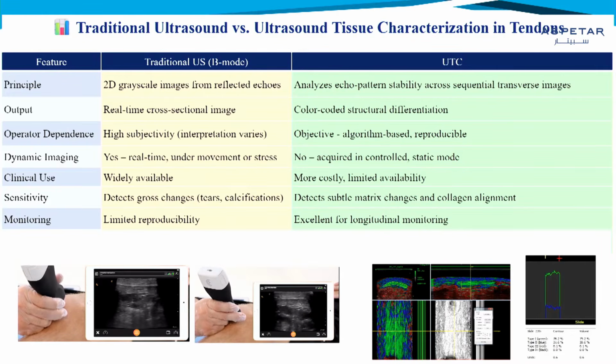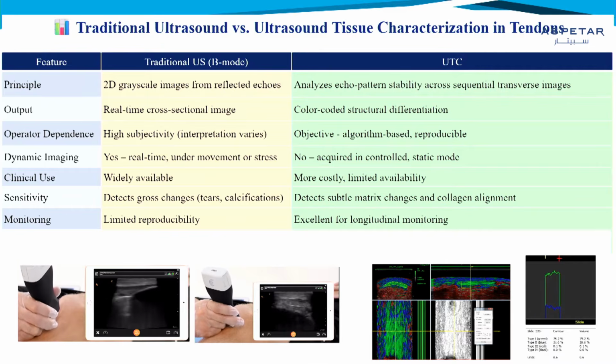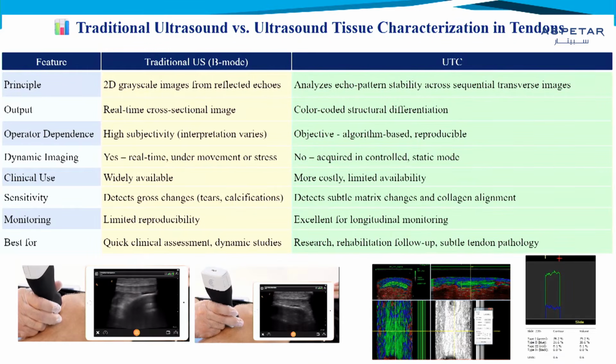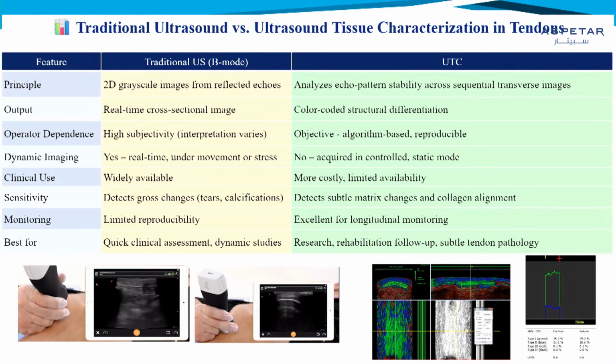For the ultrasound, as I mentioned, reproducibility is limited, and for the UTC, it's excellent for longitudinal monitoring. UTC is best for research, for rehabilitation follow-up, and to observe subtle changes in the tendon. While the ultrasound is really quick to get an answer, like in dynamic studies.